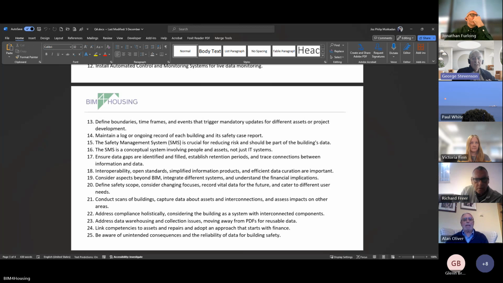Yeah, what it's intended to mean, Glenn, is that simply going and doing a fire door check in itself doesn't really address it. It's a matter of looking at compartmentation, for example. Yeah, exactly.